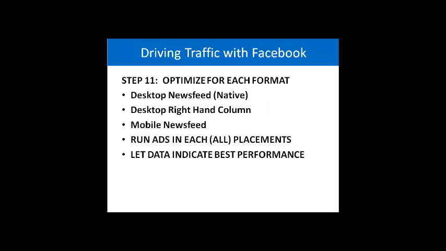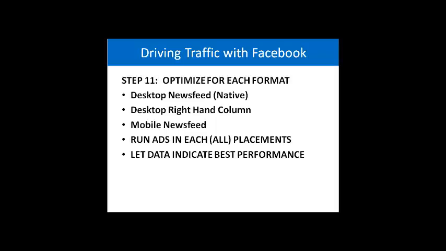And you really want to optimize for each format, whether it's the news feed, which is becoming known more and more as native advertising, in case you don't know that. Newsfeed meaning it's natural where it is. It's right in the middle of where the view is. For the desktop version, the right-hand column, and once again, I wouldn't jump to a conclusion that you can only advertise in the newsfeed and anything else isn't going to be performing as well.